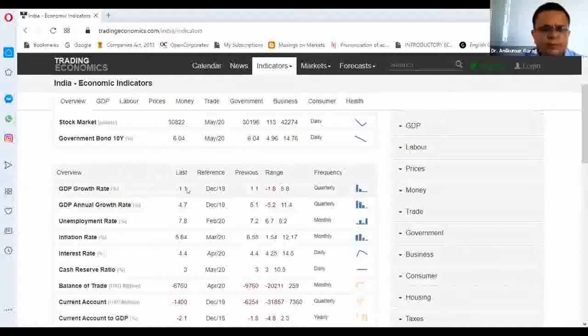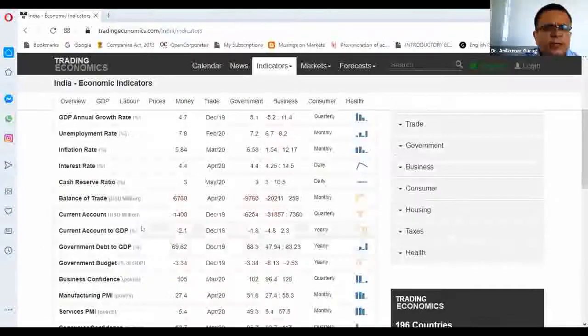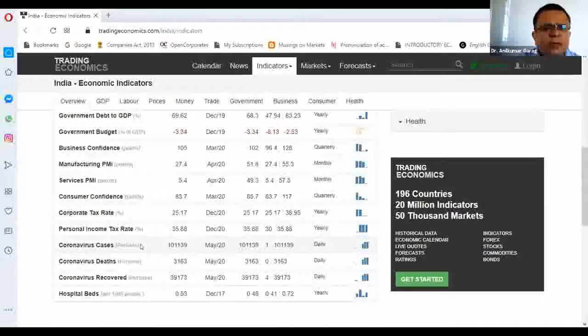GDP growth rate 1.1%. GDP annual growth rate with reference to December 2019 is 4.7%. Unemployment rate 7.8%. Inflation rate, interest rate, CRR, balance of trade, current account, everything, or whatever you look for in economics is there. It says coronavirus cases, coronavirus deaths, coronavirus recovered, hospital beds per 1,000 people.